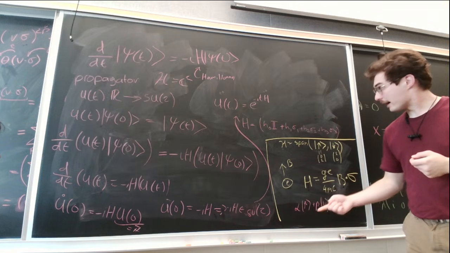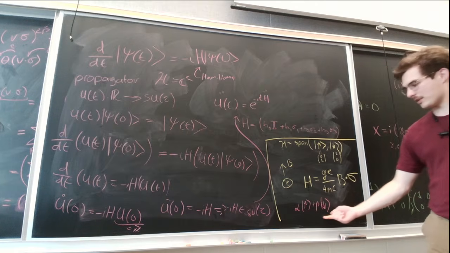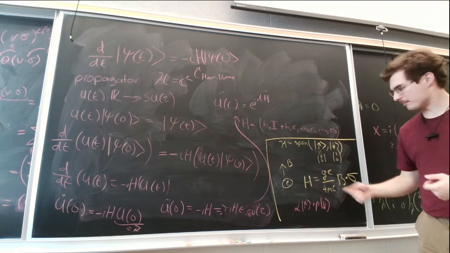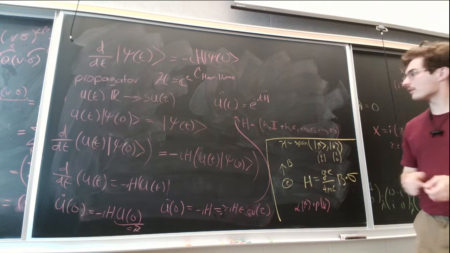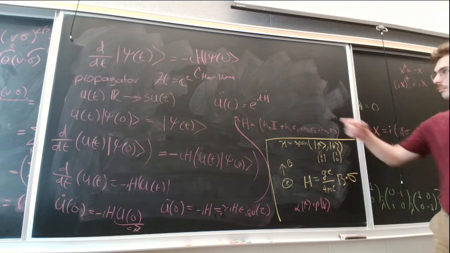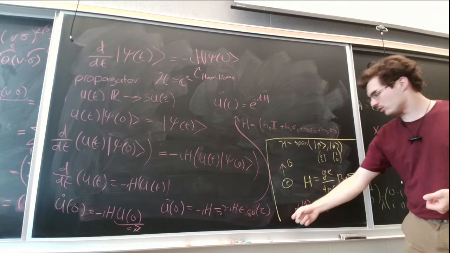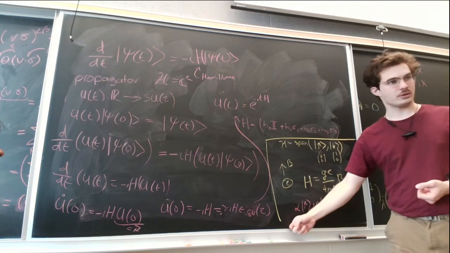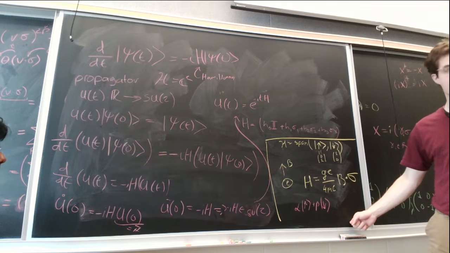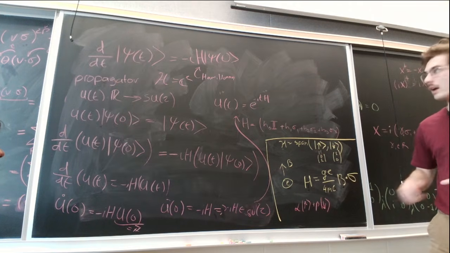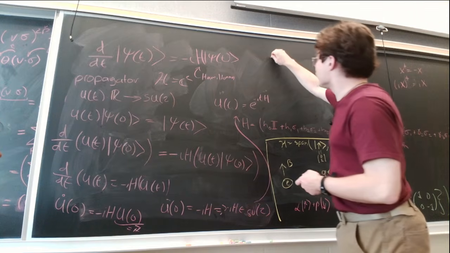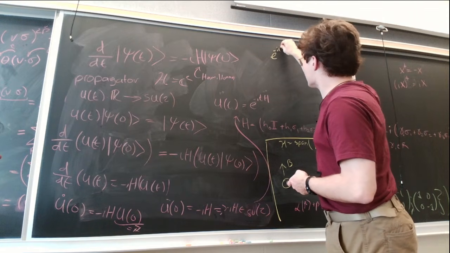And then after some time, if I want to figure out how the electron evolves in the magnetic field, what will I do? I will just apply e to the minus iHt to this state. Do you agree?